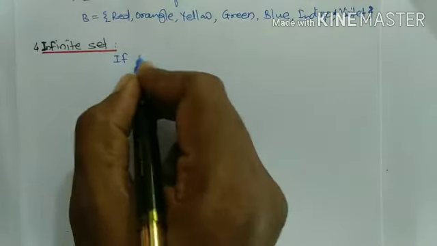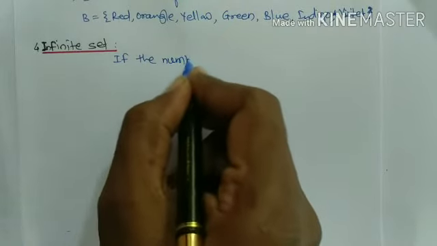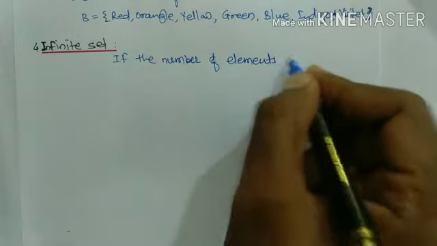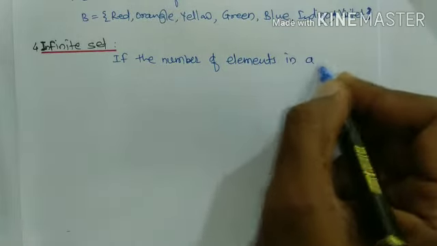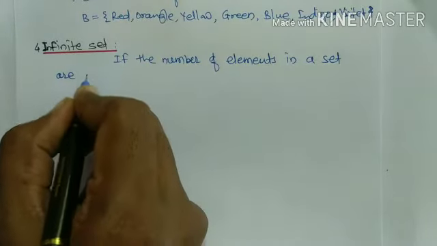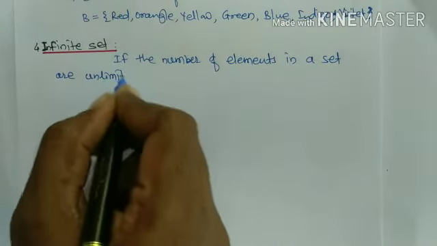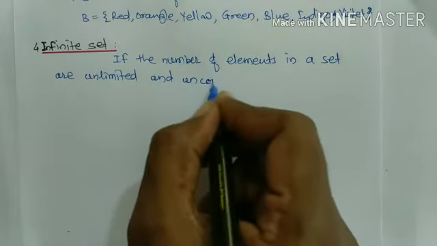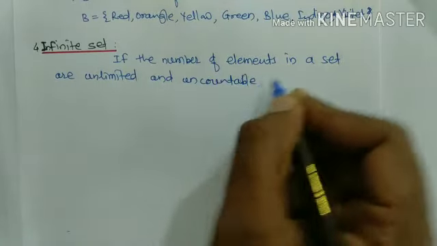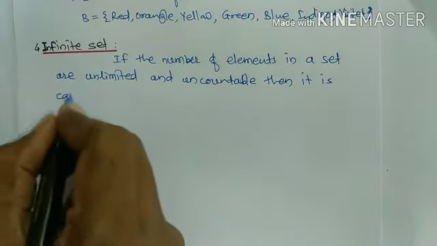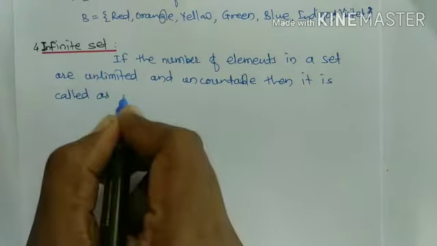If the number of elements in a set are unlimited and uncountable, then it is called an infinite set.